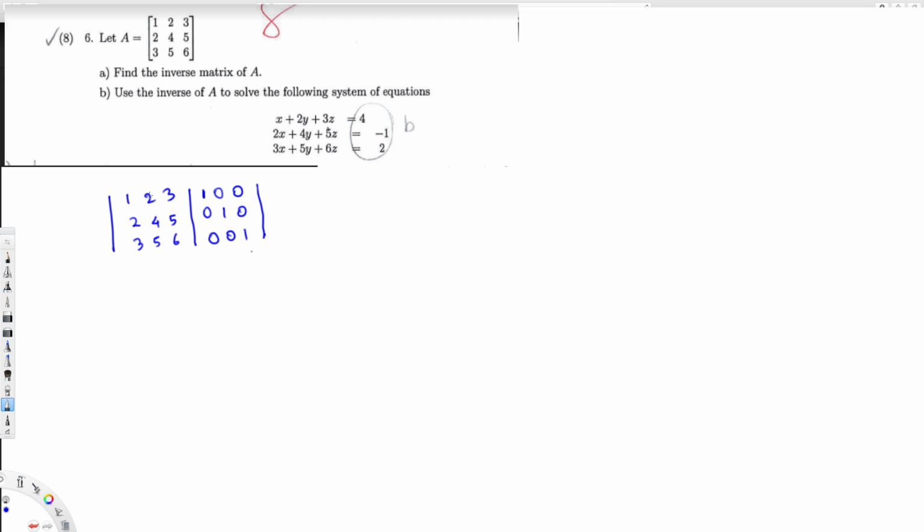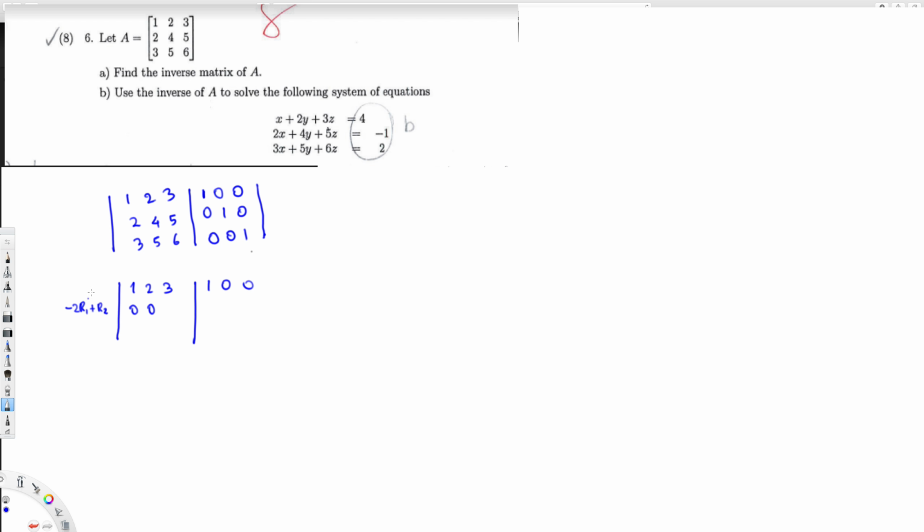First of all, we have 1 2 3 right here. To make the second one 0, I can multiply the first equation by -2 and add it to the second one. So I will get 1 2 3 and 1 0 0. And -2r1 plus r2 is going to be 0 here, since -4 plus 4 is 0.